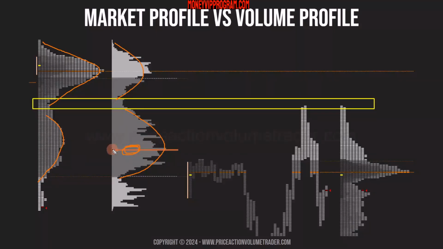We have a point of control down here for the volume profile, and then on the next day we opened here, trended lower, and then pushed right up into this top edge of the high volume node, and then rejected and continued into a strong move down.